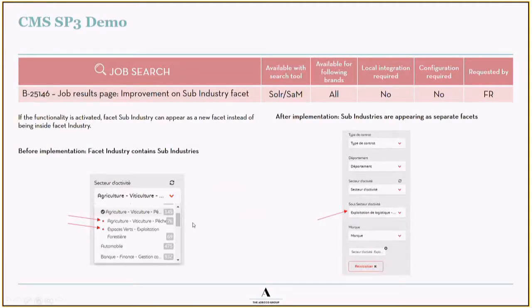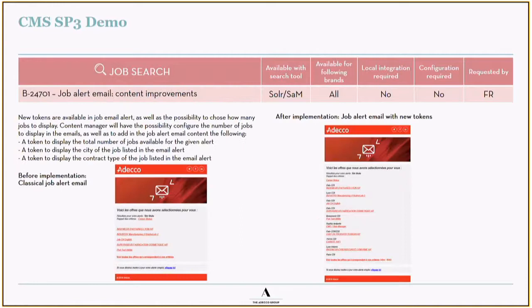If no one else has any other question, let's go to the next user story. The next user story is related to the job alert email, requested by France to have some improvements in the form of new tokens available, in order to have richer content and something which is a bit more personalized. So there will be a new token available to display the total number of jobs available for the given alert.